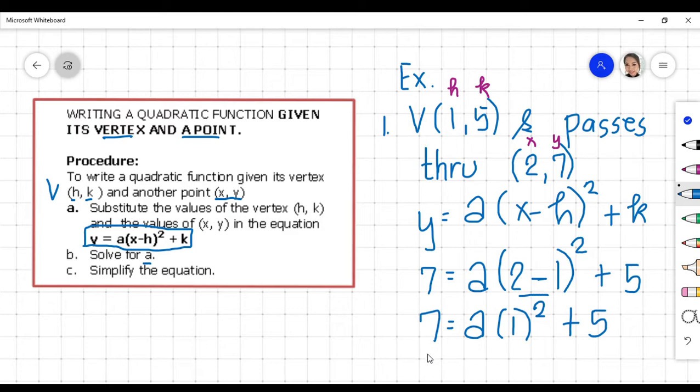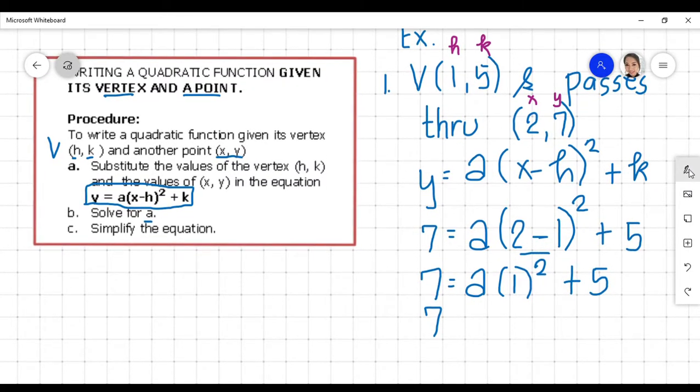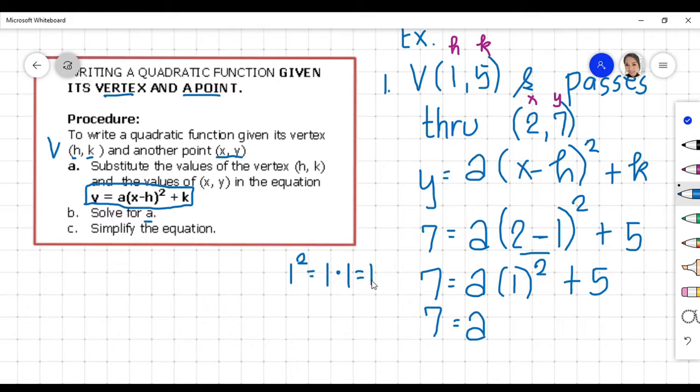Next is copy 7 again. Okay, copy 7 equals A. So that's 1 squared. 1 squared means that is 1 times 1. And 1 times 1 is 1. So that is times 1 plus 5. Okay.